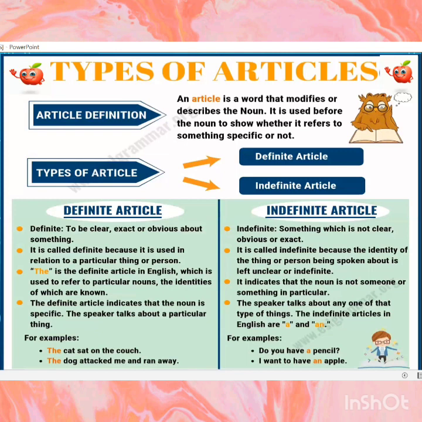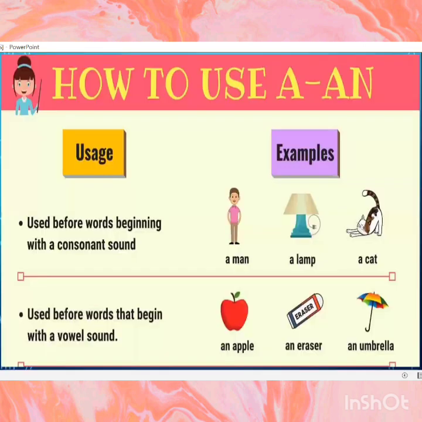The speaker talks about any one of that type of things. The indefinite articles in English are a and an. For example, do you have a pencil? I want to have an apple. So dear children, both a and an are the indefinite articles.